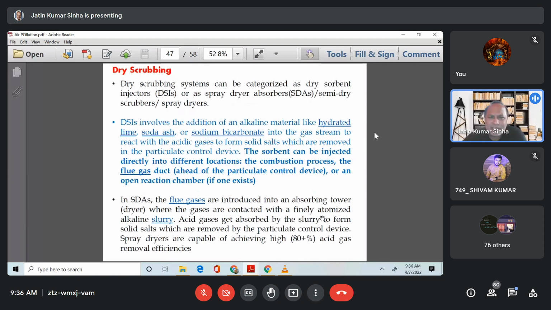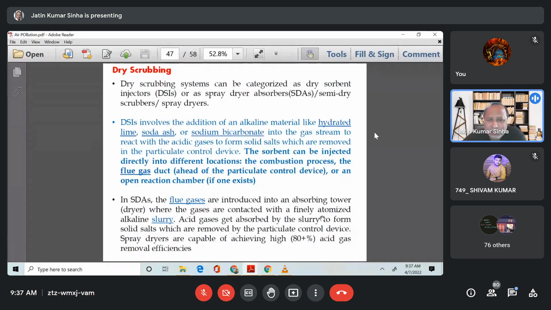Dry scrubbing also works in a similar fashion, but here you have a bed of materials which are soaked with some target material, for example hydrated lime, soda ash or sodium bicarbonate. They are exposed to the gas stream, the exhaust gas. If the gas stream has some acidic component, it reacts with the base component and is neutralized.